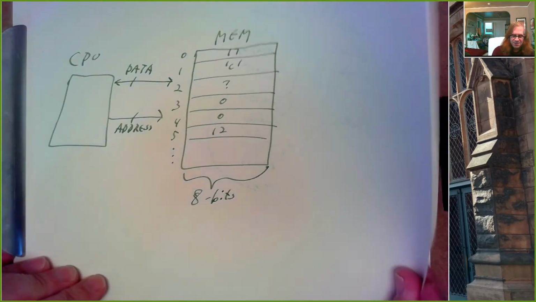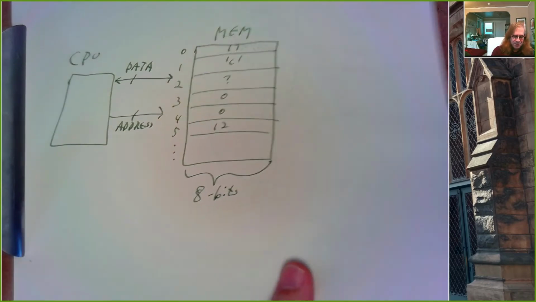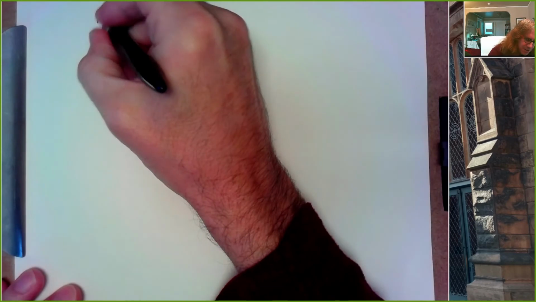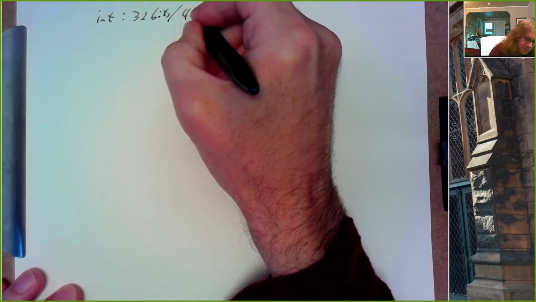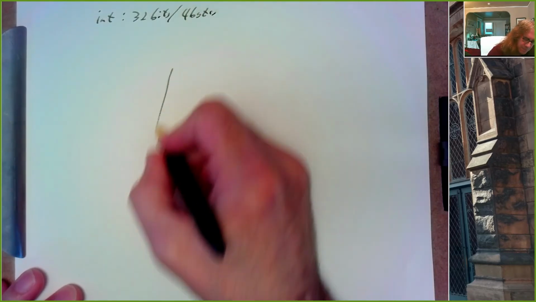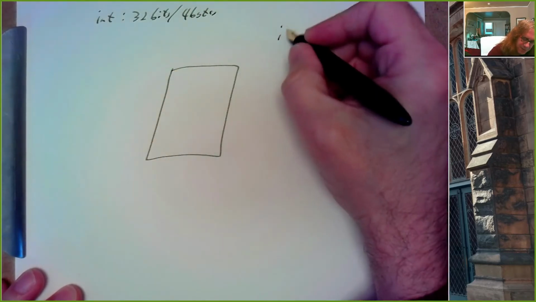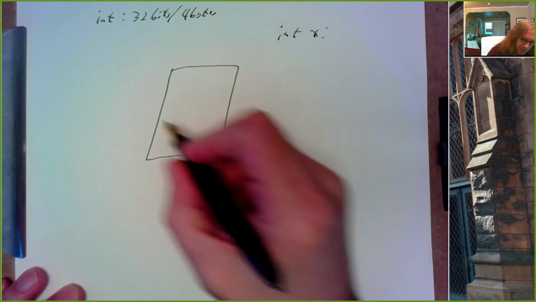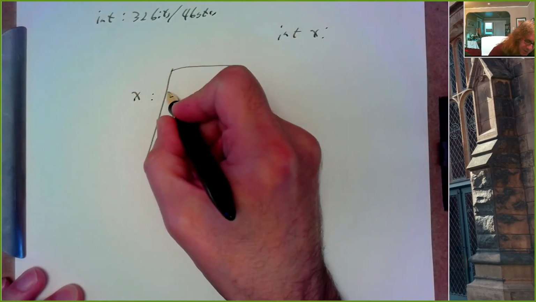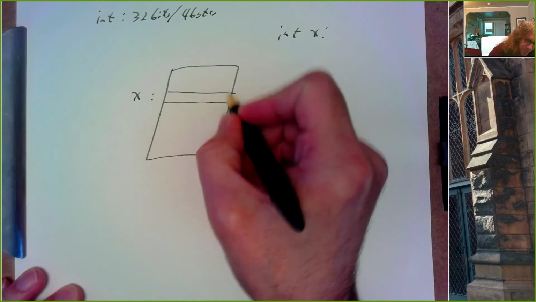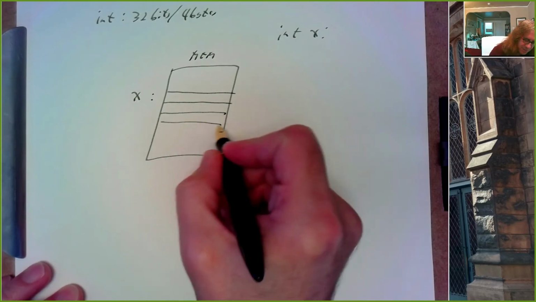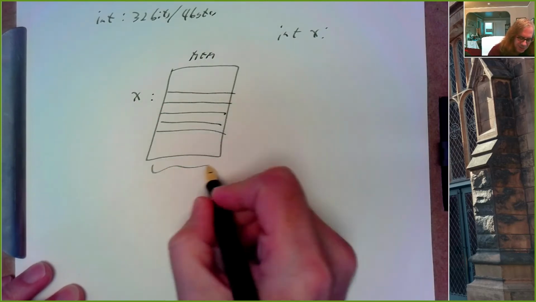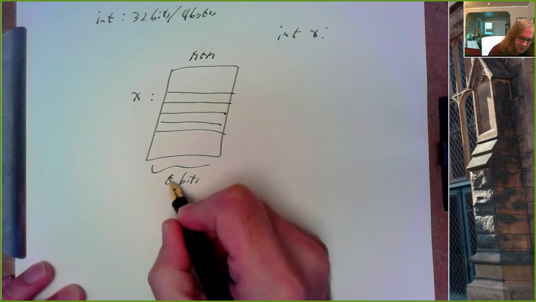And this is important to know because a lot of times what we have in our memory are things like ints, which is 32 bits, or 4 bytes. And if we have some integer called x, and x is stored at, say, this location in memory, well, in practice, at that particular location, we only find 8 bits.